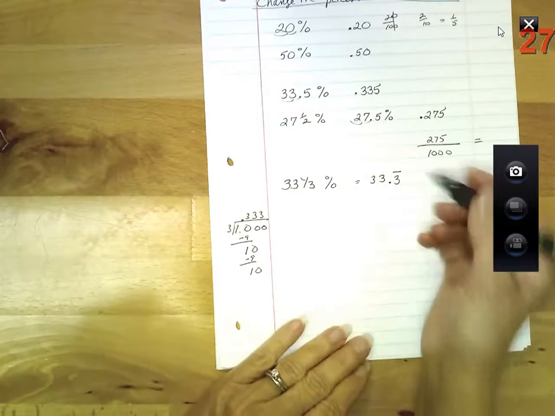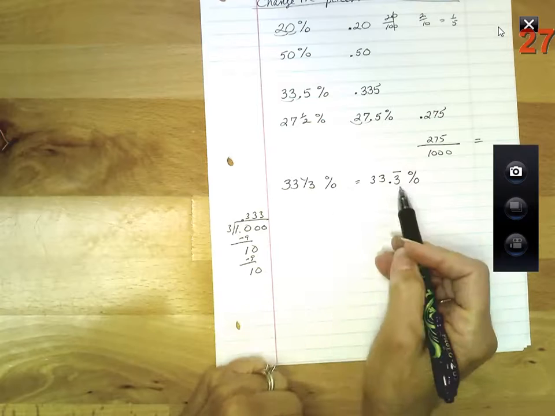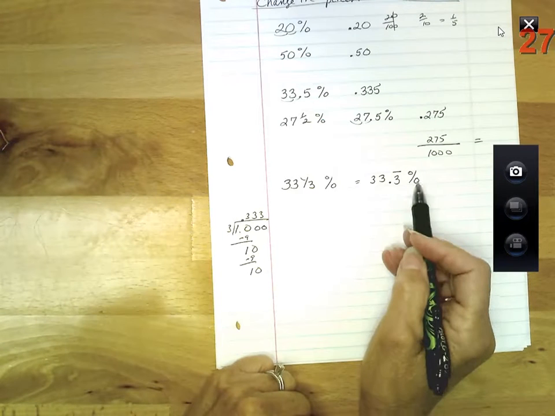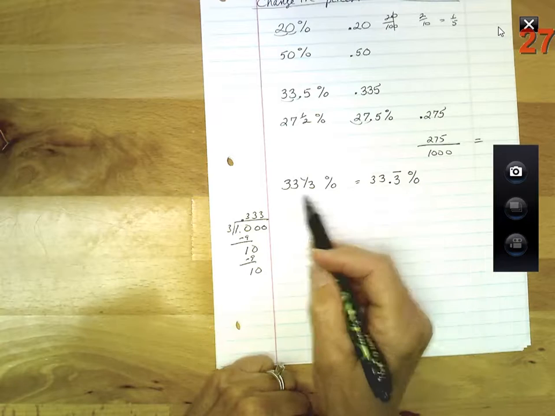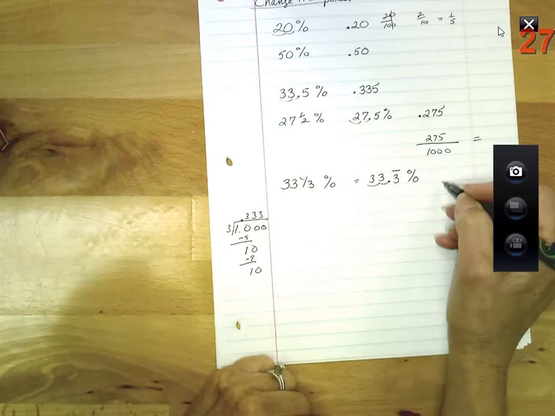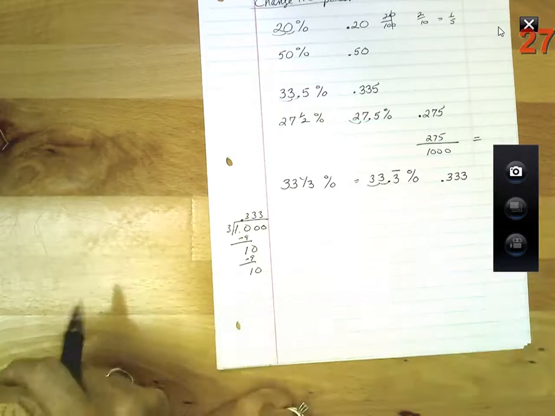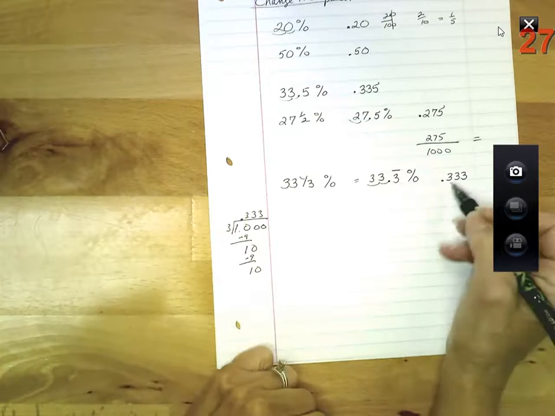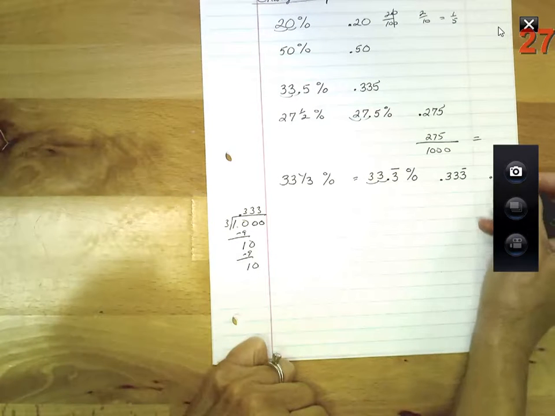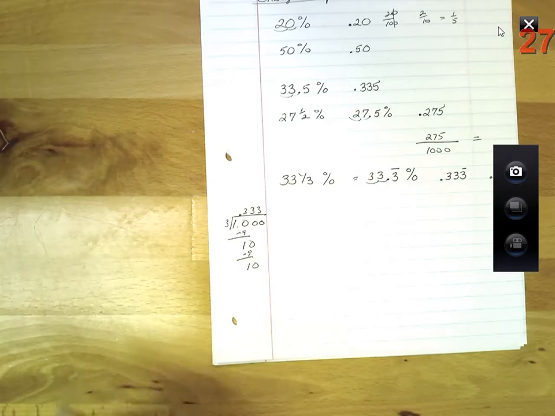So change this to a decimal first. If it repeats, then put it like that. Now I'm still trying to get from my percent back to a decimal, so move it 2 places, so 0.333, which means all of that keeps repeating, so your decimal is actually 0.3 with a bar.